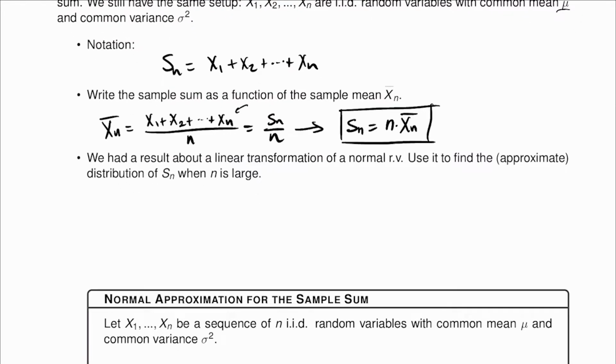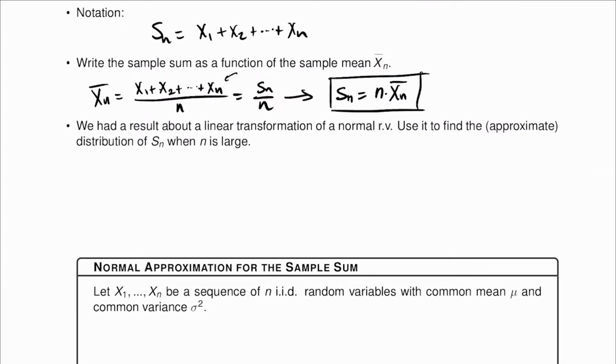We had a result about a linear transformation of a normal random variable. We can use it to find the approximate distribution of the sample sum when n is large.